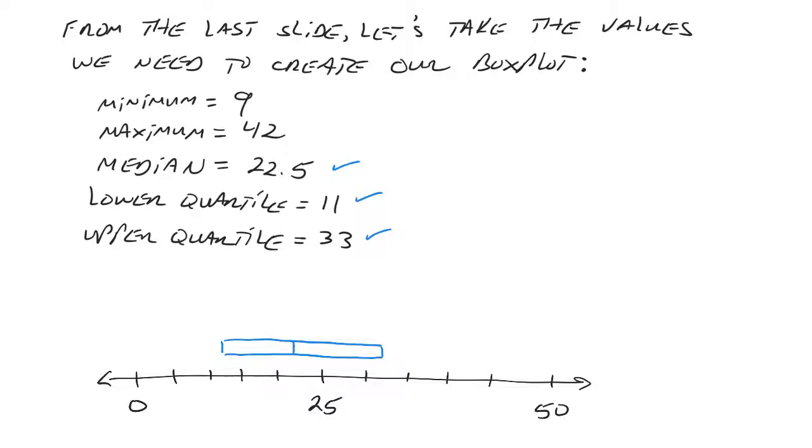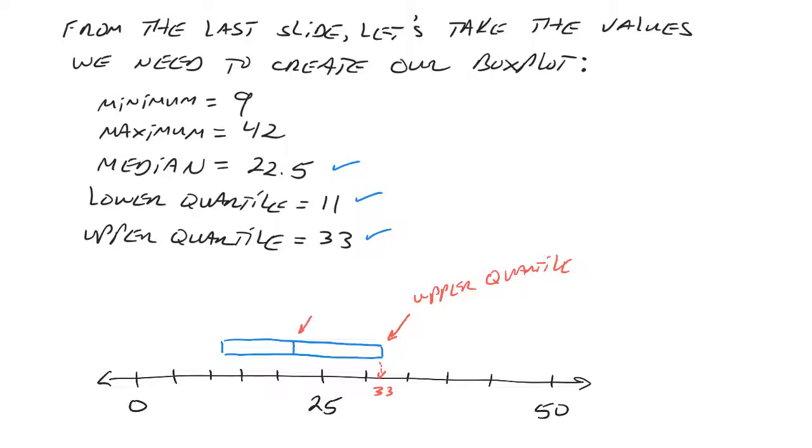And that's my rectangle. This line here represents the upper quartile, and you can see that it corresponds to a value of 33. And the more accurate you are with your number line, the more accurate your box plot will be.